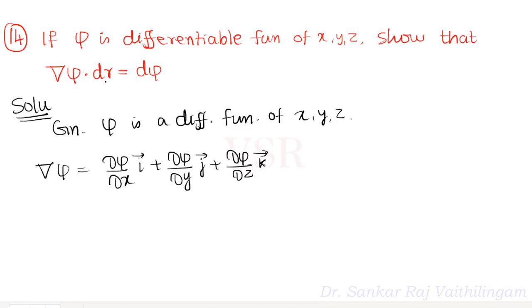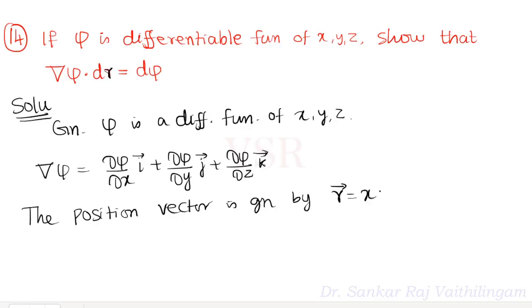R is always called the position vector. So the position vector is given by r vector, which is equal to x into i vector plus y into j vector plus z into k vector.